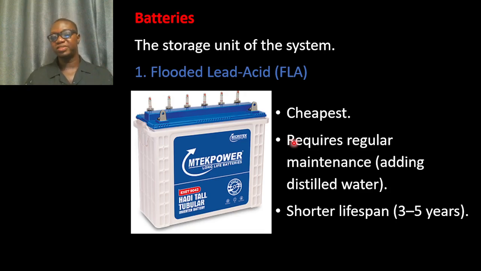It is the cheapest. It requires regular maintenance, adding distilled water, and it has a shorter lifespan, 3 to 5 years. So this FLA is cheaper and requires regular maintenance, topping up the distilled water so that the water level will not go down, but the lifespan is not that long.